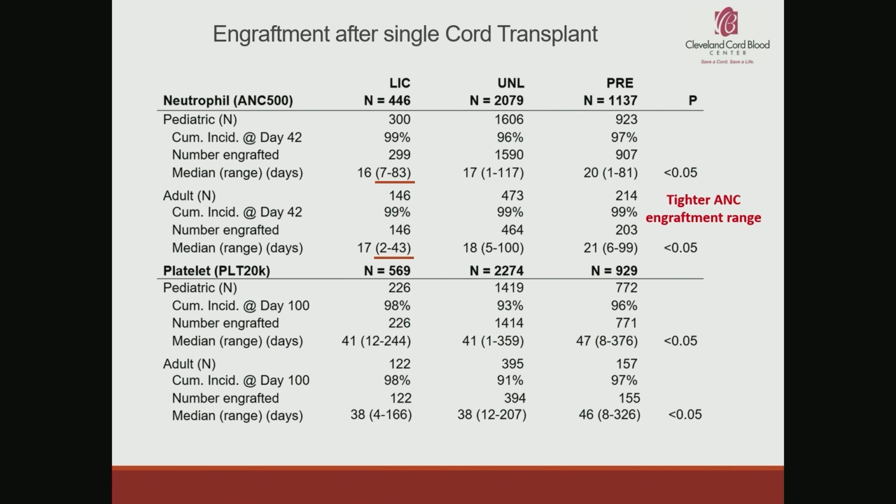But what's more striking is that the range of engraftment is narrower compared to the unlicensed products in particular. It kind of makes sense. The licensed units are only being produced by eight banks, and also, as said, the release criteria are more stringent.